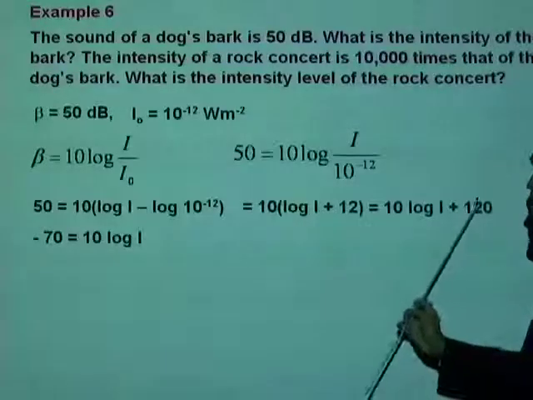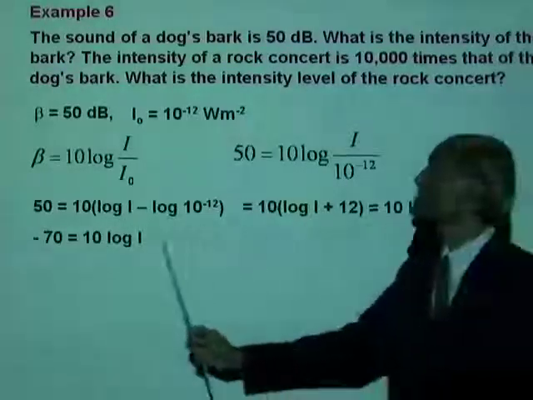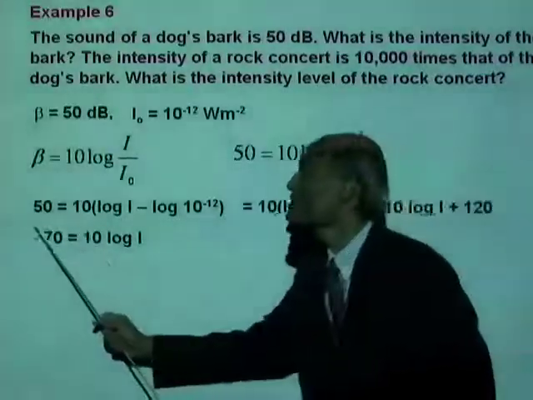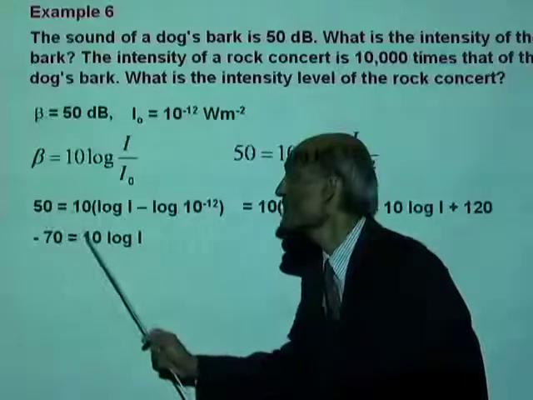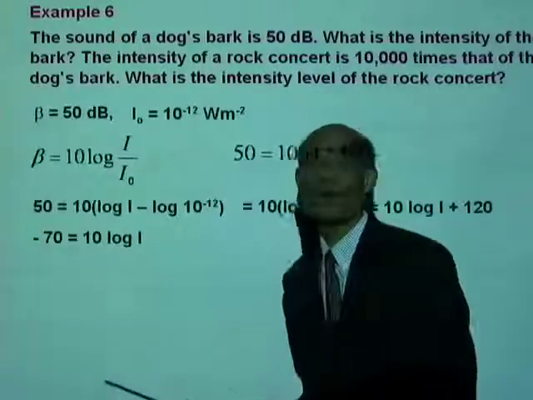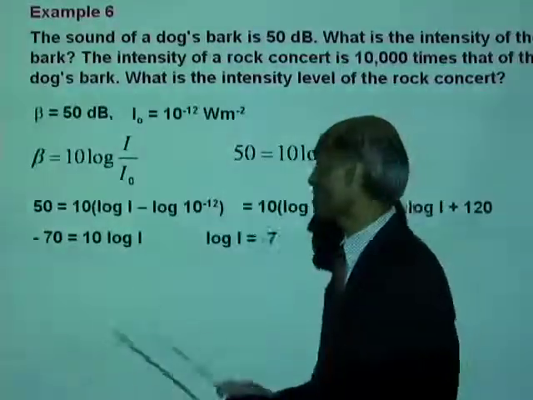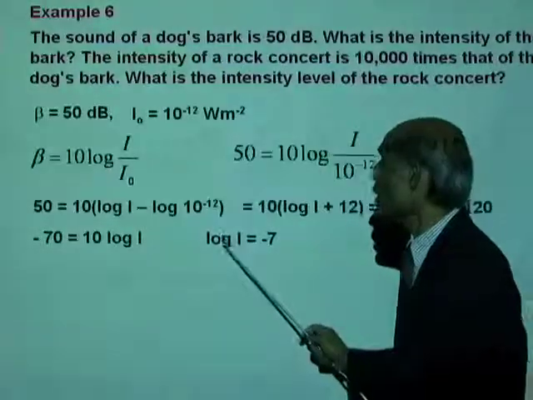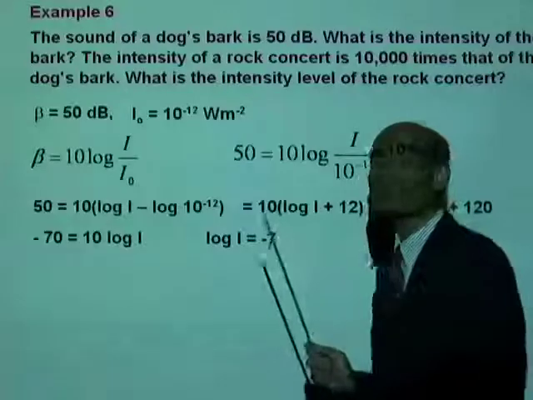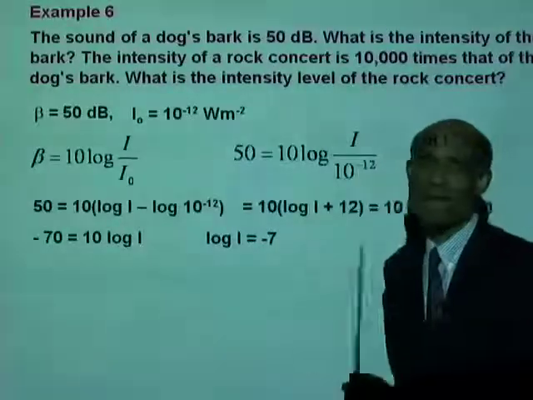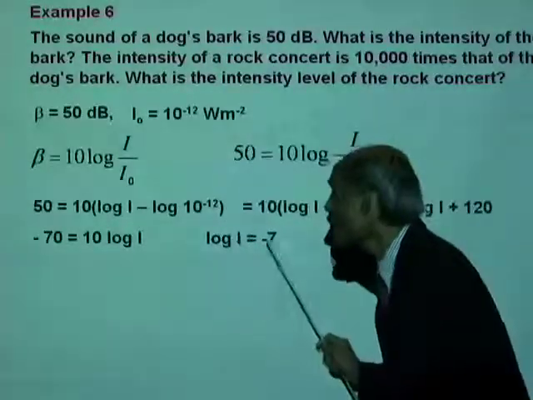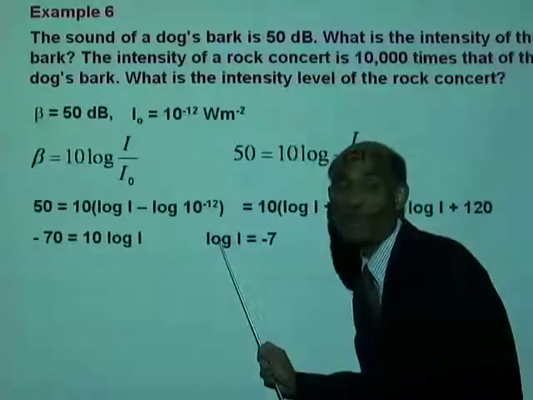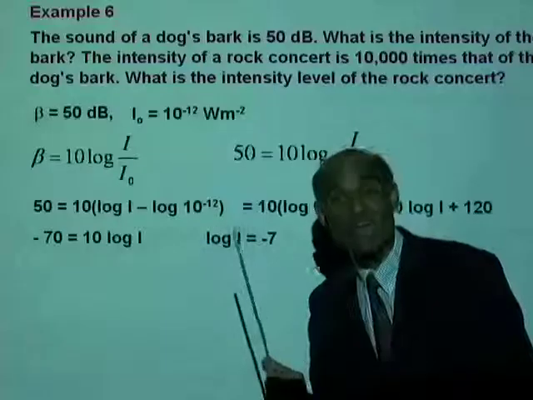Alright. Next, take this 120 to the left side. Get 50 minus 120 is negative 70 equal to 10 log I. And therefore, what is log I? Divide both sides by 10. Log I equal to negative 7. Okay. If log I equal to negative 7, remember, when you write log, the base of this is 10.